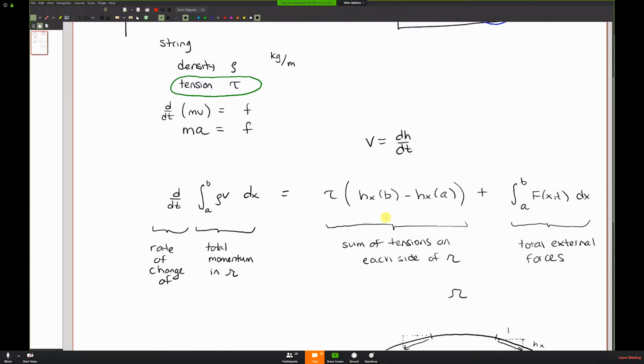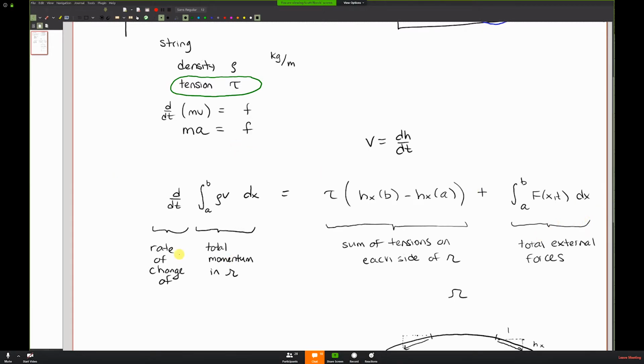In the diffusion equation case, it was the flux on the right minus the flux on the left. Here in the wave equation case, it's the vertical component of tension on the right-hand side minus the vertical component of tension on the left-hand side. And then we had external contributions, external heat sources in the case of the diffusion equation because we were concerned with conservation of energy, external forces in the case of the wave equation because we're concerned with conservation of momentum.